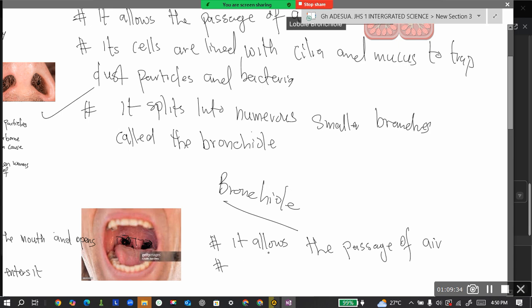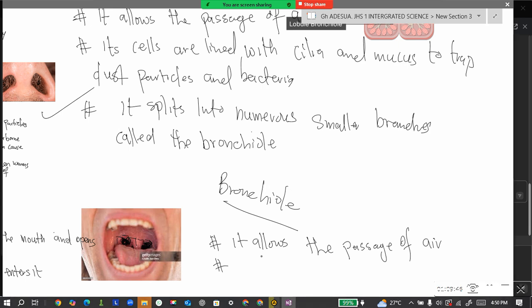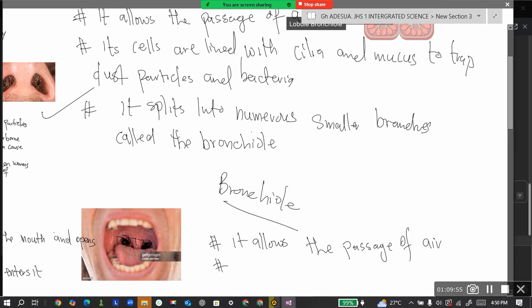So you realize that the cilia and the mucus run through all the structures of the respiratory system. Every structure has cilia and mucus that trap dust particles. So if you've forgotten all your points, you should know that it runs through all.